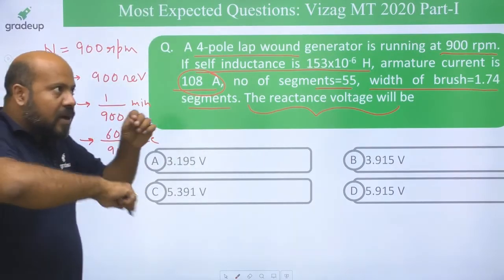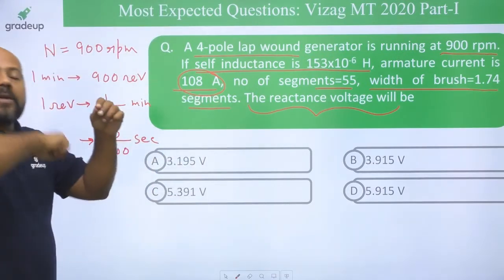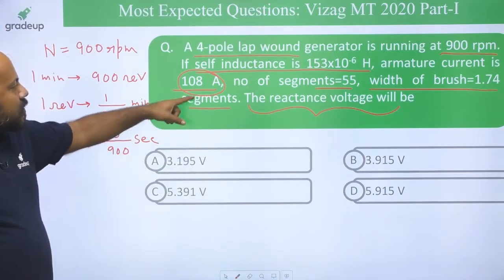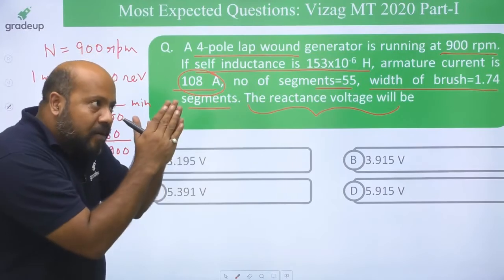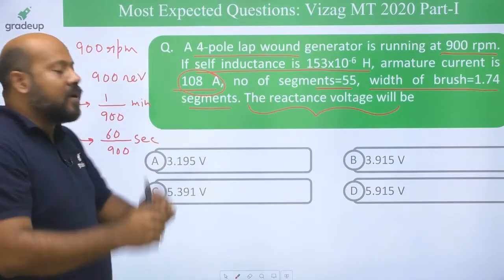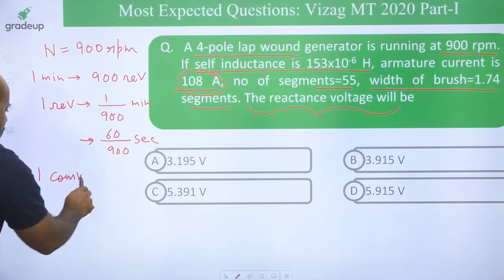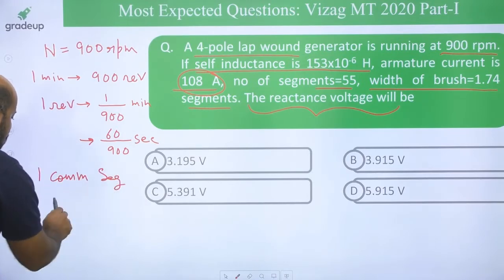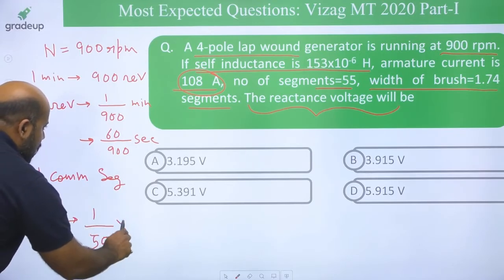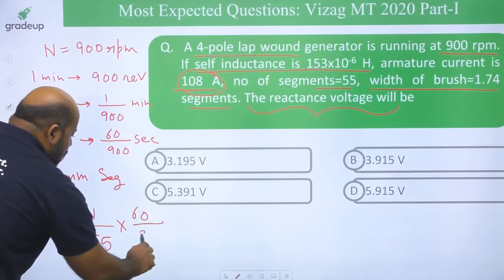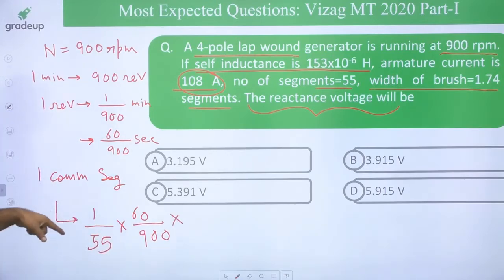Now if there is one complete revolution of the armature, all the commutator segments are going to be completed. What is the total number of commutator segments? 55. So if you want the time to pass one commutator segment, then you have to divide this time by 55: 1 upon 55 times 60 upon 900, and this is for one commutator segment.